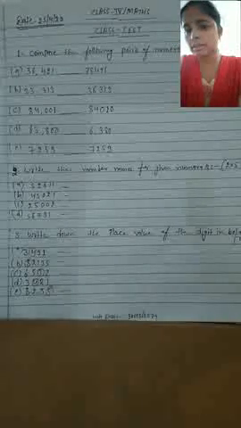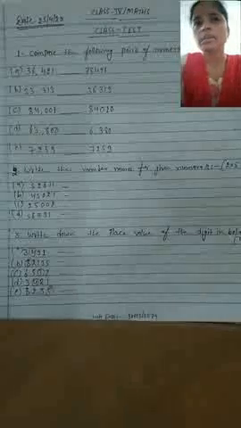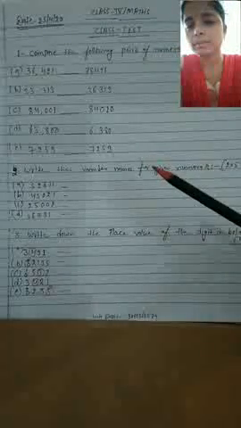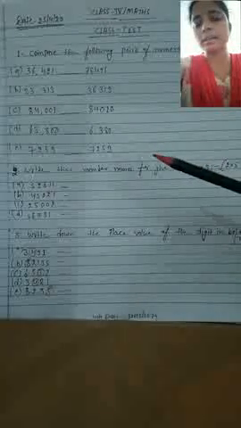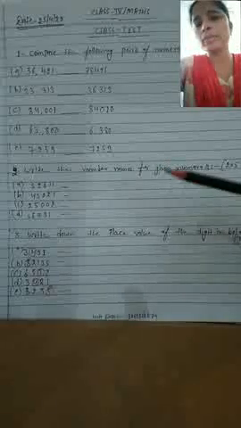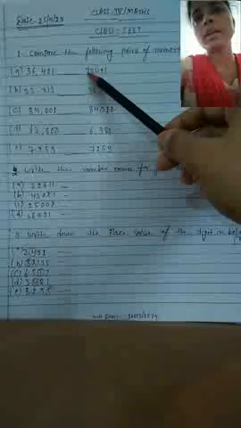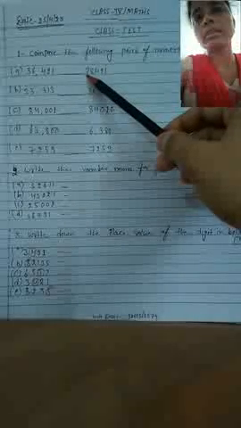It is very easy, and once again I am going to explain that for comparing any number, this number is a little bit large as compared to your previous classes. So what we will do, we will simply find which number is in the 10,000 place.